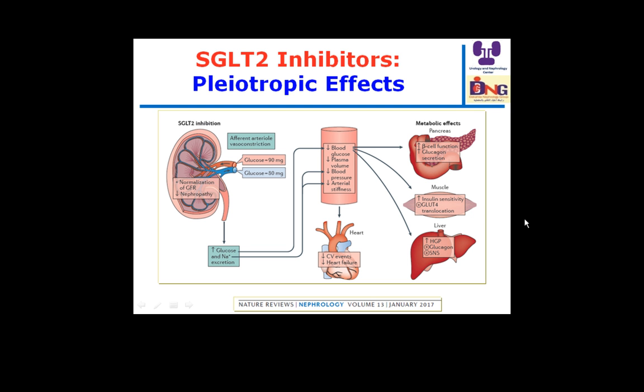So if we look at the class action in a panoramic view, I explained all the actions within the kidney and the proximal convoluted tubule, and this is the action on blood: decreasing blood glucose, decreasing plasma volume, decreasing blood pressure, decreasing arterial stiffness, decreasing cardiovascular events, decreasing heart failure, and on the pancreas, increasing beta cell function, increased glucagon secretion.